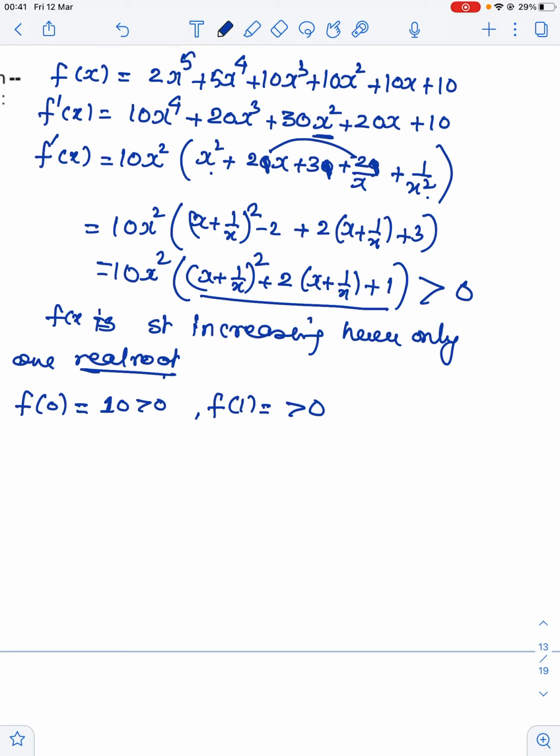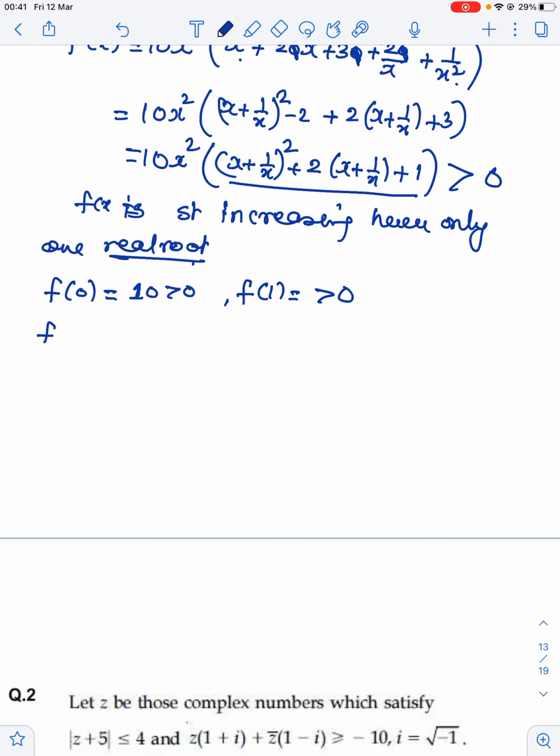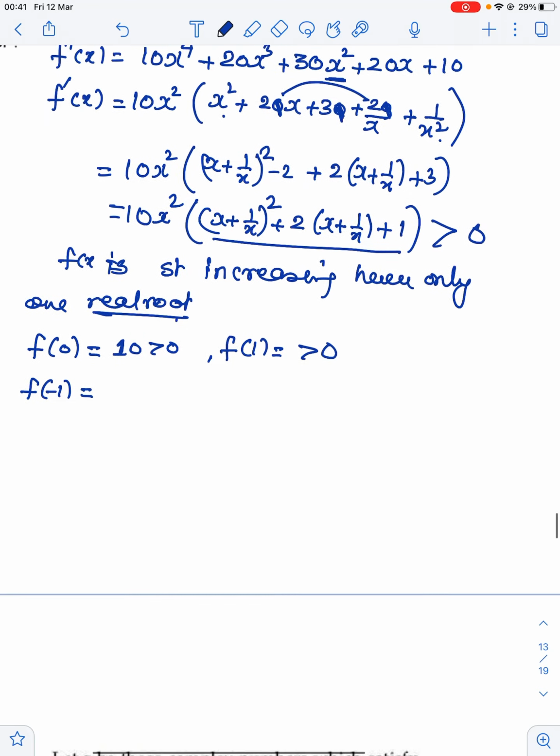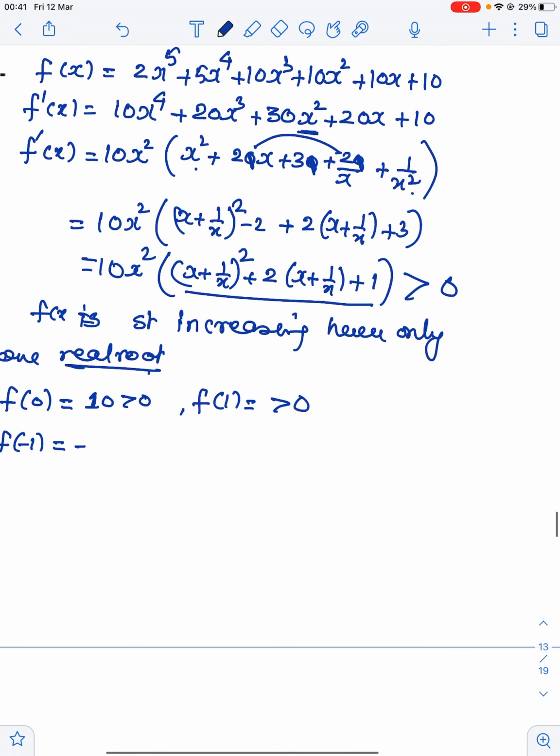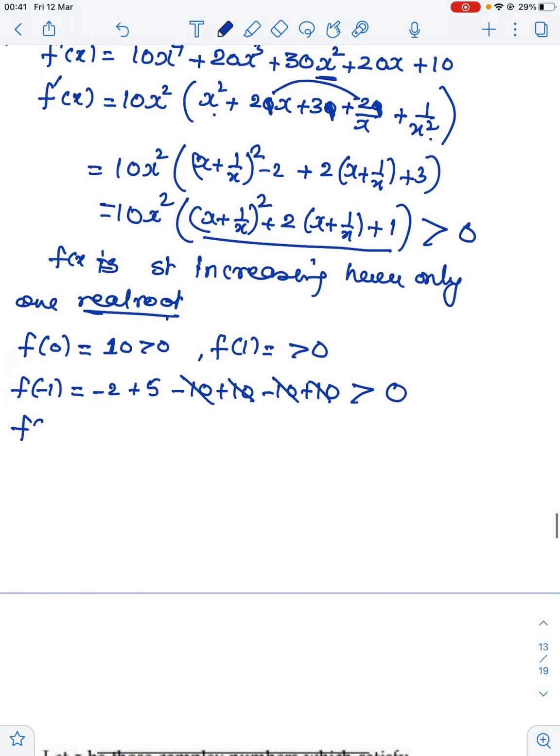So no need to check further positive values of x, because for any positive value of x, all the coefficients are positive, so it will always be positive. So let us go for the negative, f of minus 1. It is minus 2 plus 5 minus 10 plus 10 minus 10 plus 10. So these cancel, this becomes 5 minus 2, 3. So this is still positive.